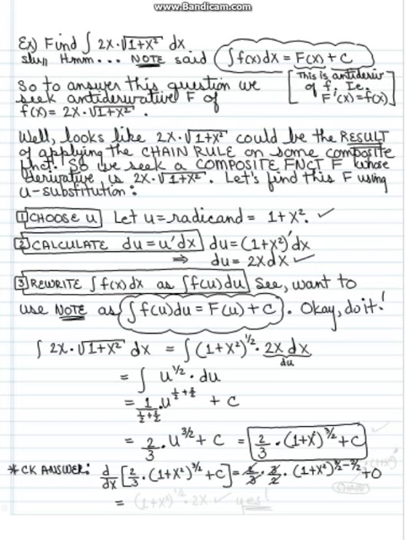And there's a 0 at the end because the derivative of c is 0, but what I forgot to do is hit it with the chain rule. I'm taking the derivative of a composite function, so I have to multiply it by 1 plus x squared prime. That's the chain rule. So that gives me 1 plus x squared to the positive 1/2 times that hit I gave it, 2 times x. And that is indeed exactly the integrand of the original question. So yes, my answer is good.